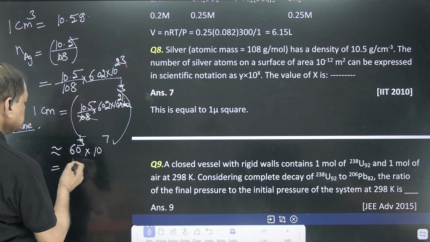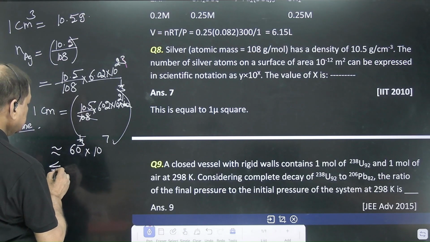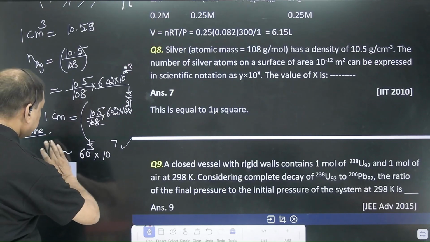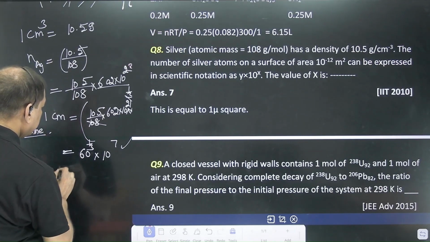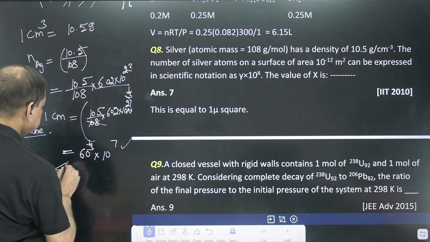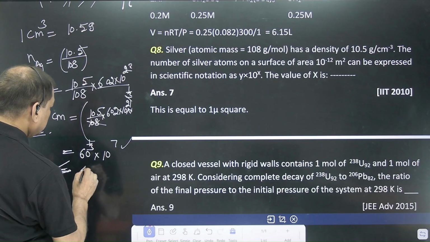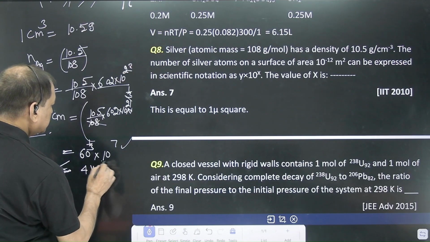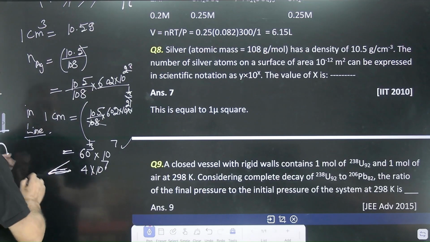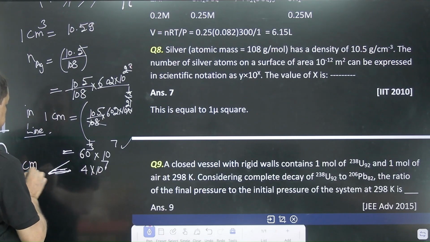The cube root of 60 is something less than 4. So less than 4 into 10 raised to power 7 atoms in 1 centimeter.